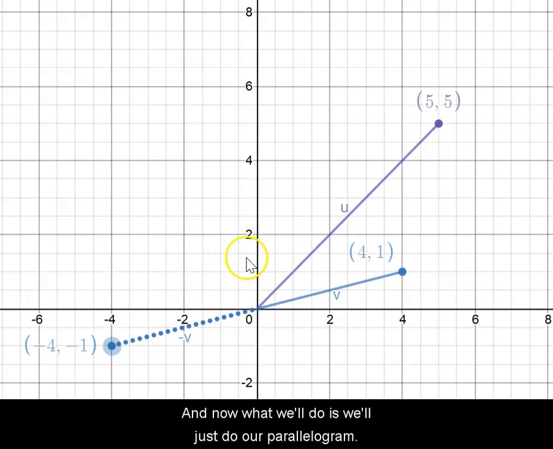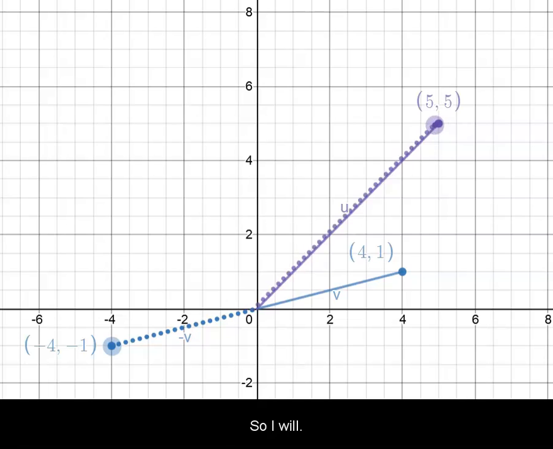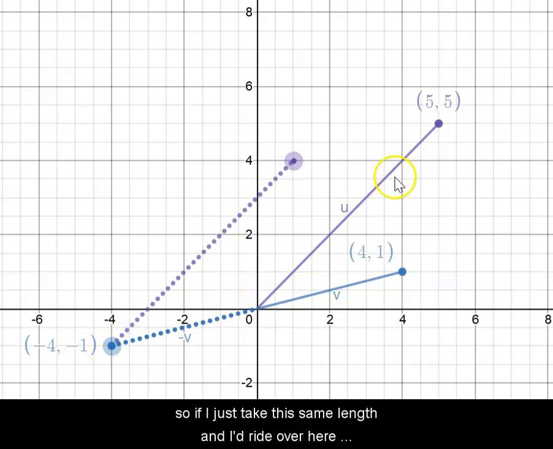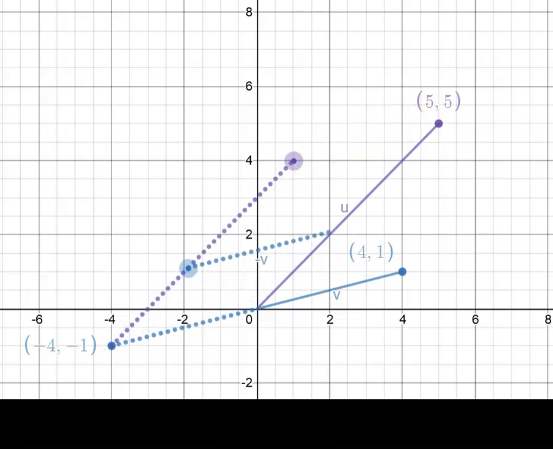And now what we'll do is we'll just do our parallelogram, okay? So I will move this over, right? This is now one side of my parallelogram. So if I just take this same length and I draw it over here, same thing here, take this negative v, move it up to the top portion, okay? And that creates a parallelogram for me, right?